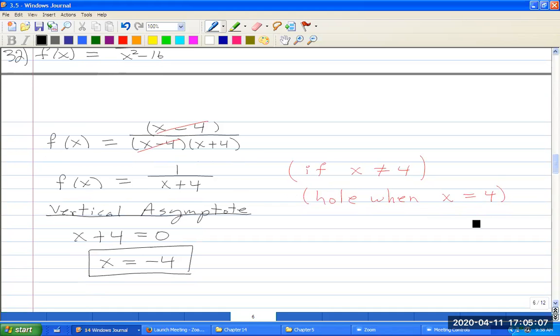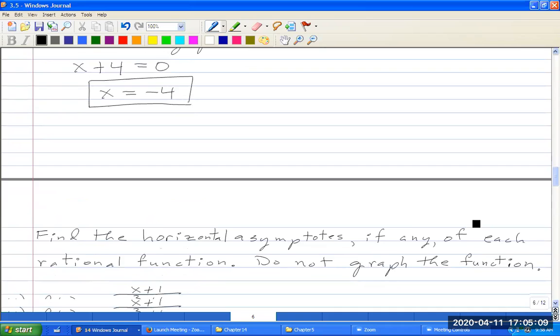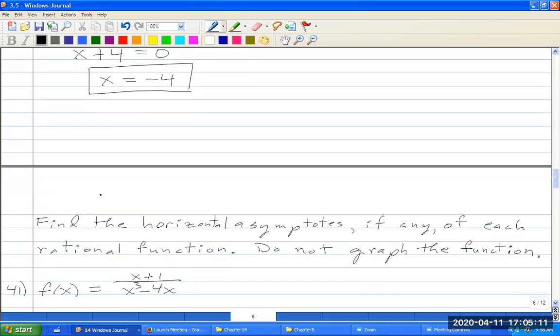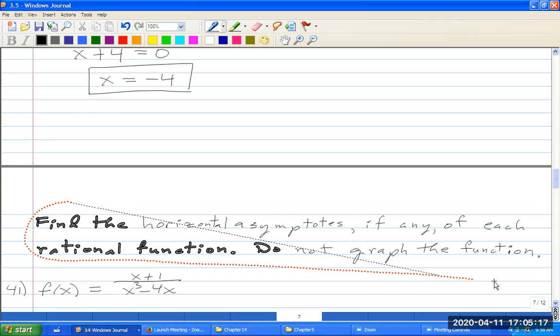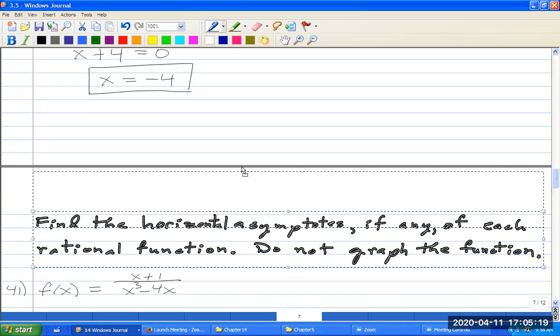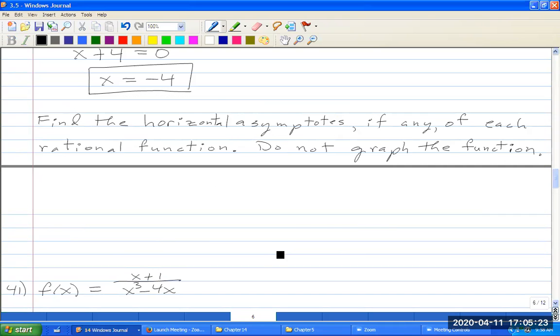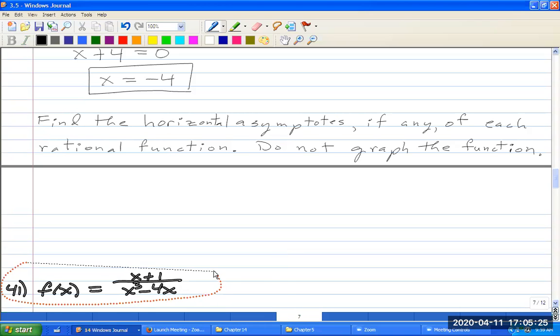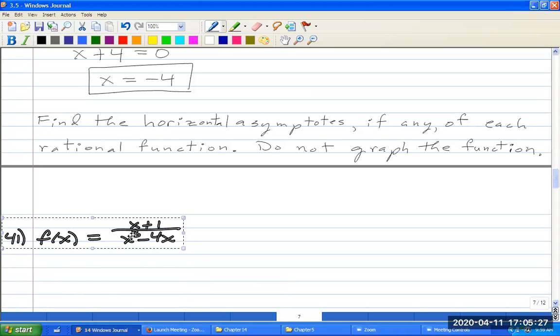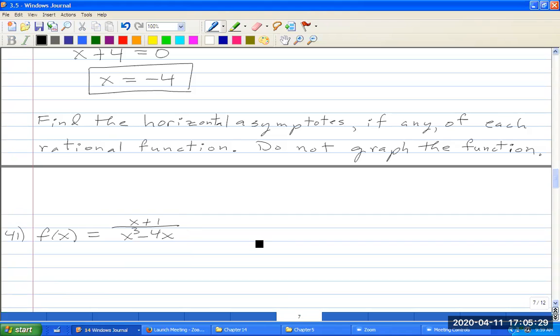Let me do problem number 41. Find the horizontal asymptotes, if any, of each rational function.